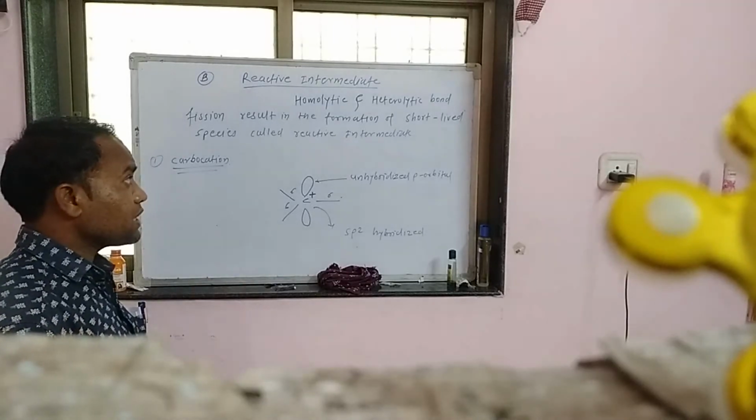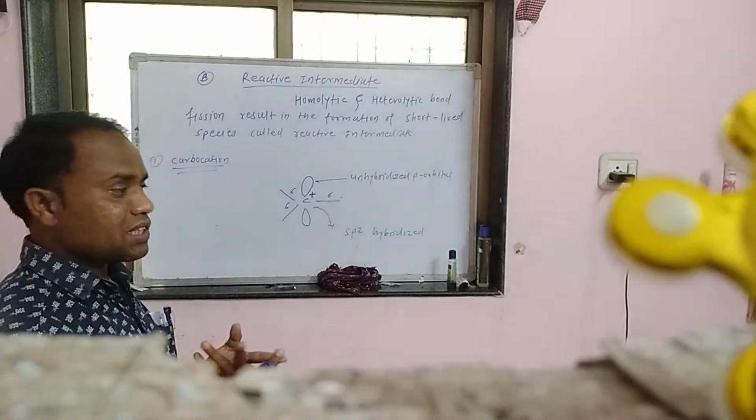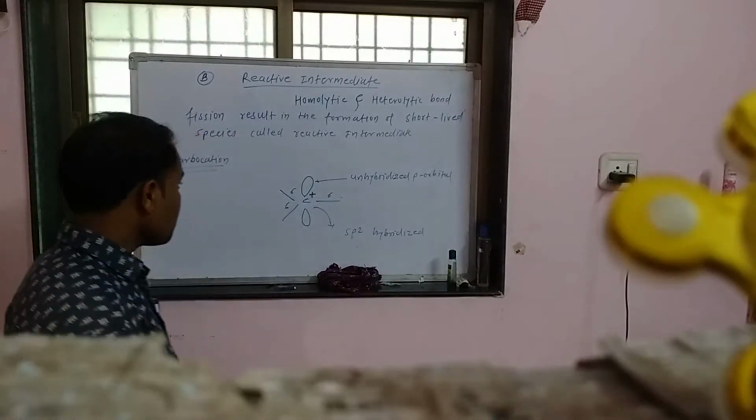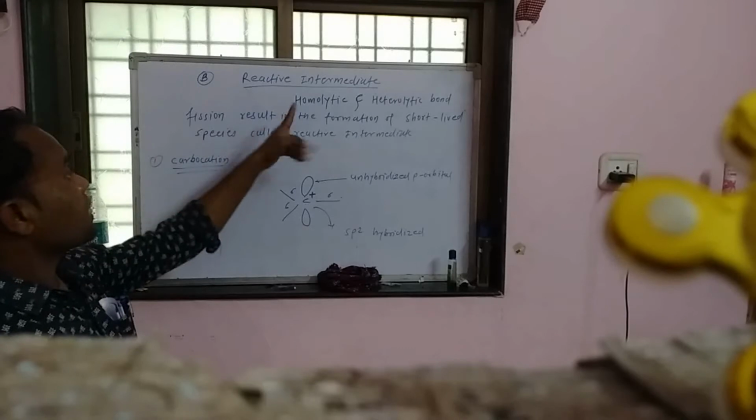The first type is carbocation, the second type is carbanion, and the last type is free radicals. These are the three types involved in reactive intermediates. First, let's explain the carbocation.